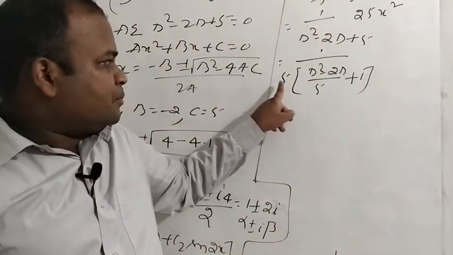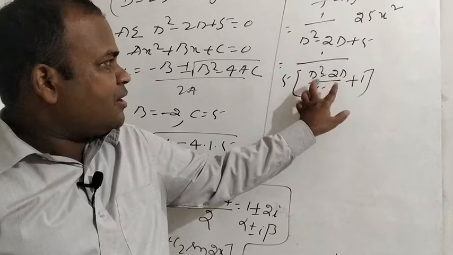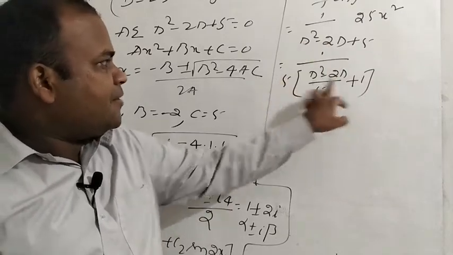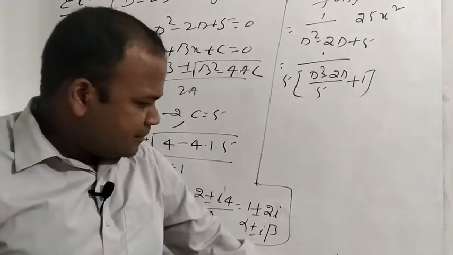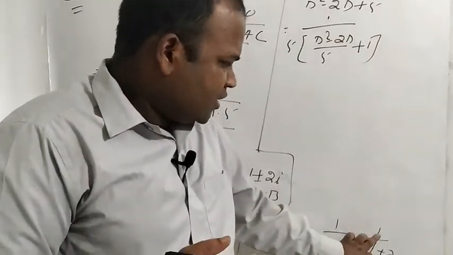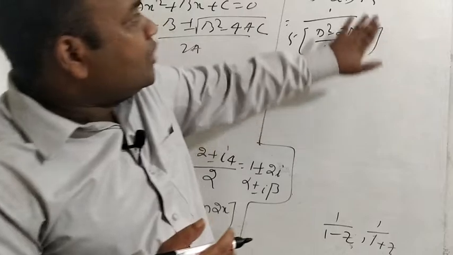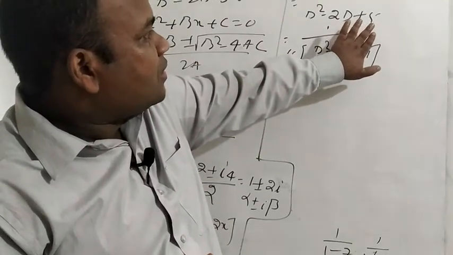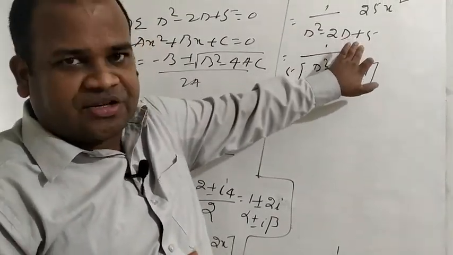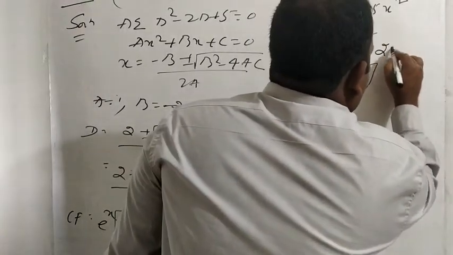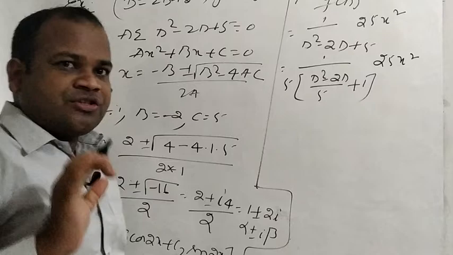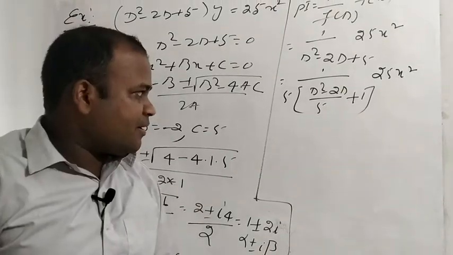Multiply by 5 and the original term comes back, and 5 into 1 is 5. In this way you will convert it in the form of 1 upon 1 minus z or 1 upon 1 plus z, by taking the constant as common, into 25x square. So this is the logic behind bringing it in the form of this term.